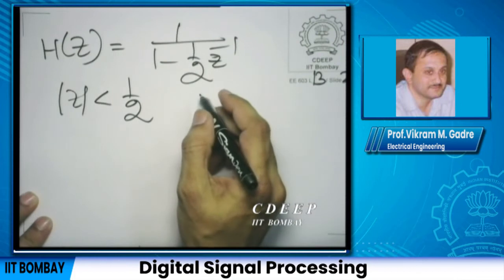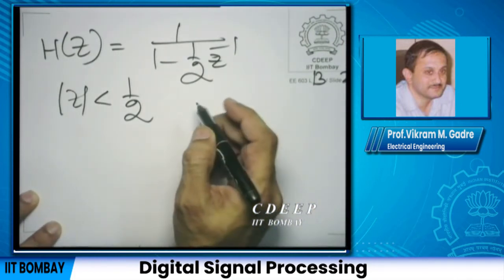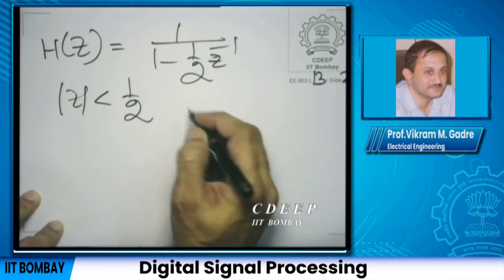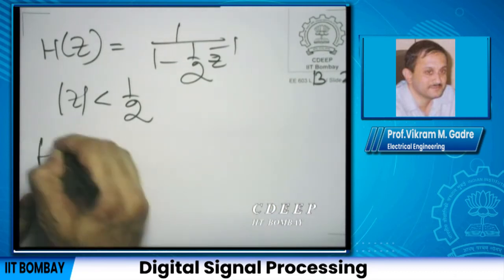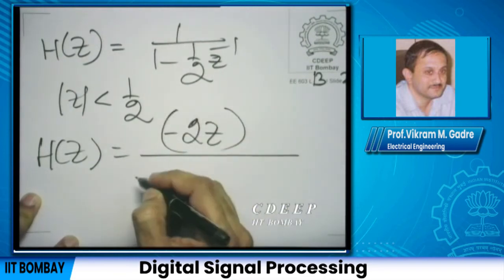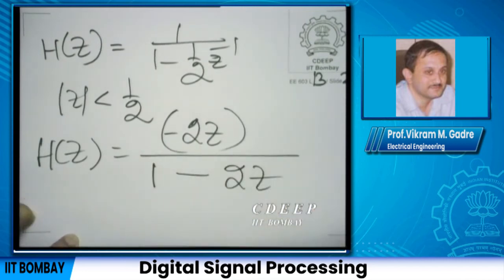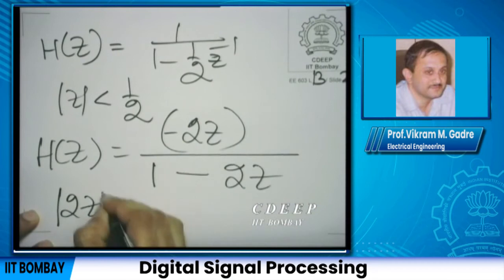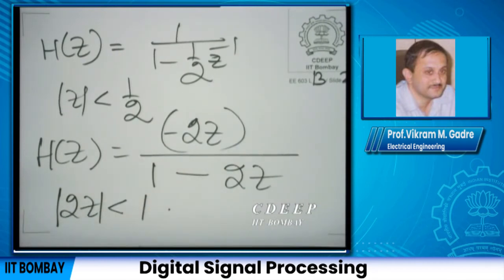In that case, what we are essentially saying is we multiply the numerator and denominator by 2z. In fact, minus 2z if you please. And in fact, it is very clear that mod 2z is less than 1. Since mod 2z is less than 1, 1 by 1 minus 2z can be expanded using the idea of a geometric progression.